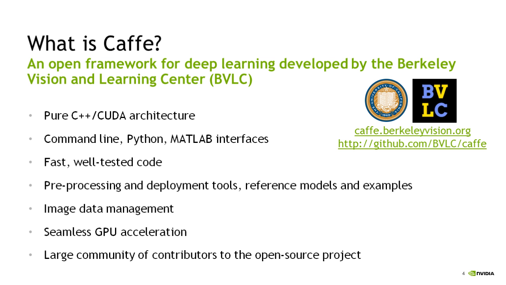It provides a number of tools for pre-processing data and deploying deep neural networks, as well as obviously training the networks themselves. It also provides a number of reference models that you can use as a starting point for training your network. It provides a number of very useful tools for managing image data specifically, which we'll talk about. And it has seamless GPU acceleration.